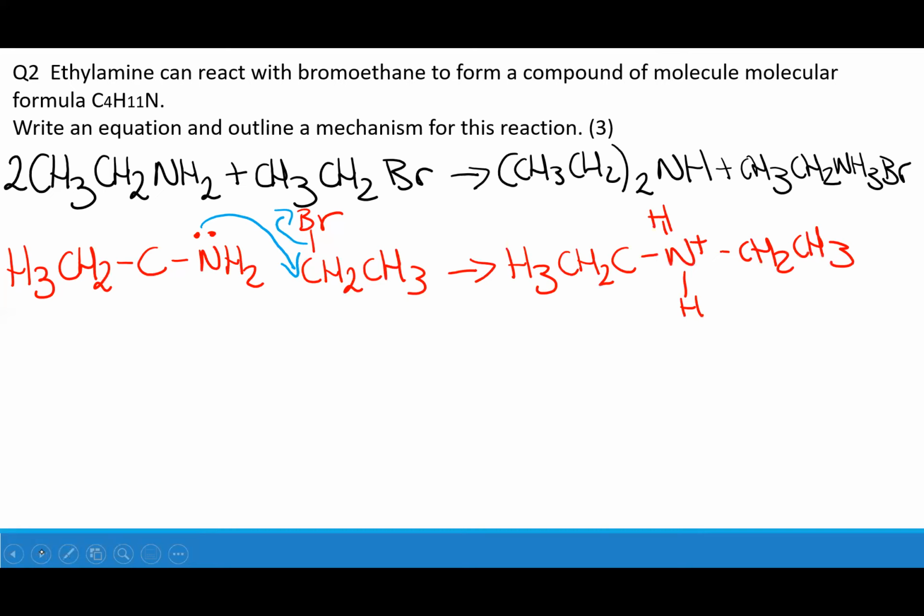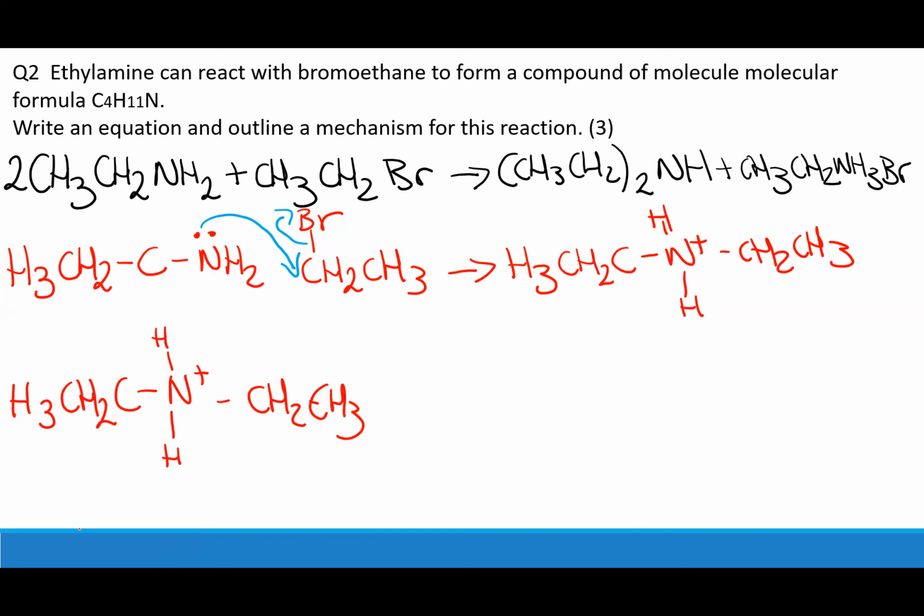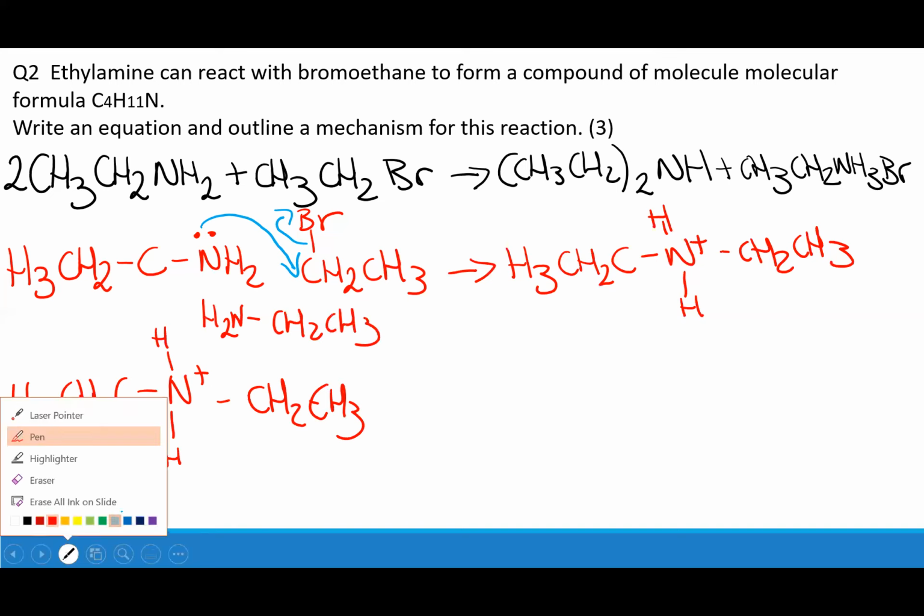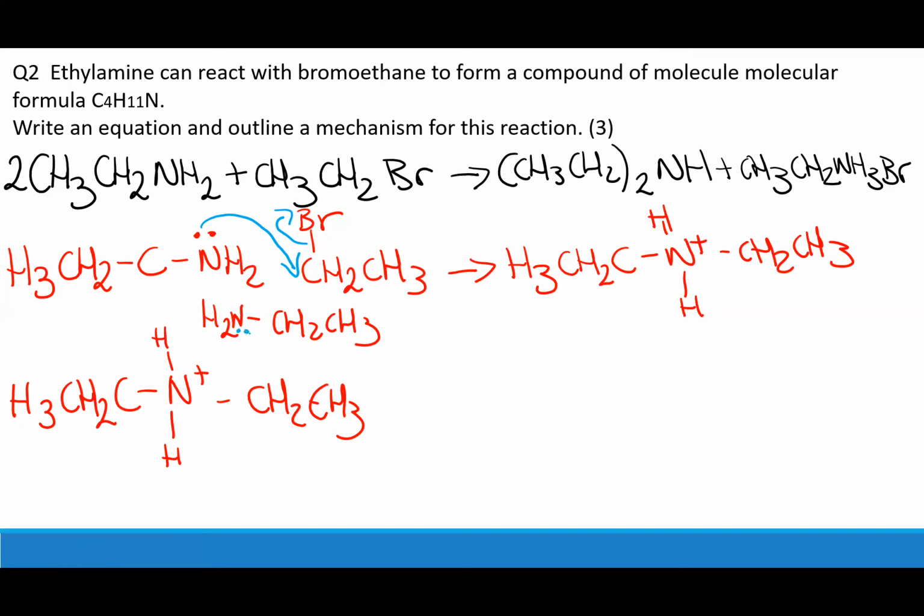Then let's get that intermediate drawn up. Nitrogen positive charge. Make sure you again include the lone pairs. I've just had to draw them in a different colour because I forgot to draw them on.